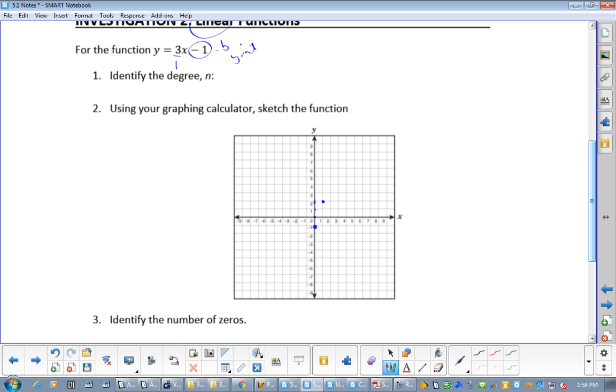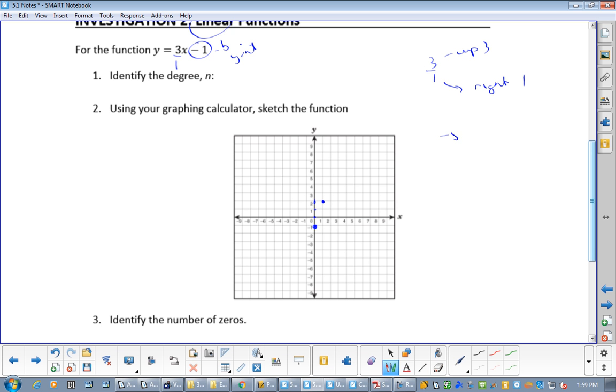Now if that would have been a negative 3, what should I have done? Down 3 and right 1. When do you go left? Never. Always go up right, or down right. Okay? You never go left. So 3 over 1 means up 3, right 1.